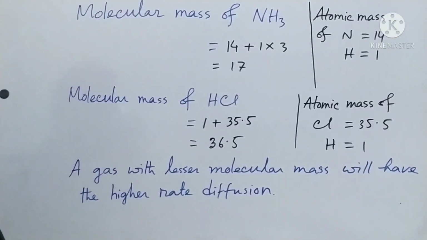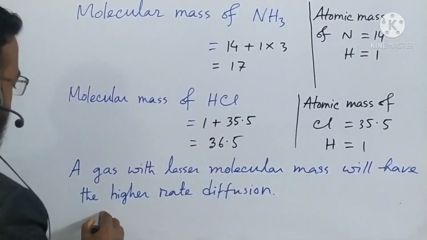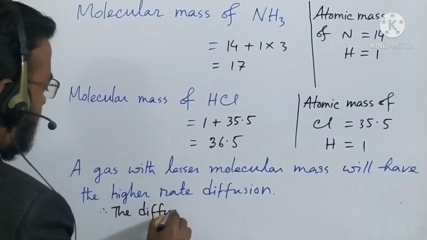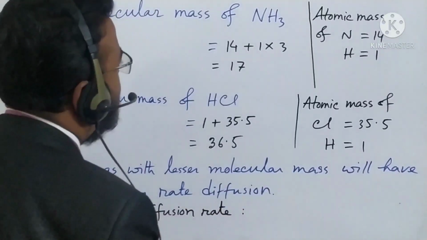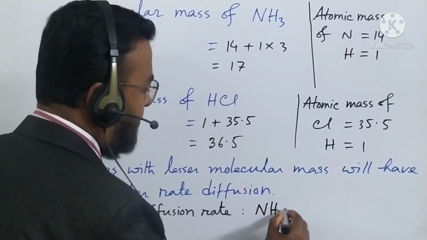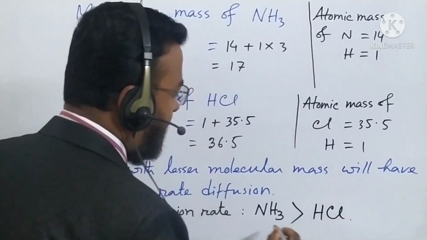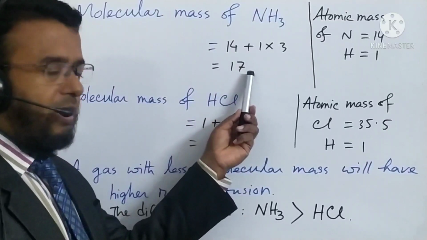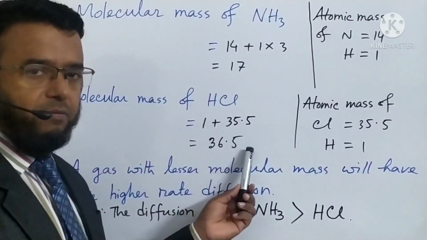Therefore, the diffusion rate of the two gases, ammonia gas, will be greater than hydrogen chloride gas. That means the molecular mass of ammonia gas is 17 and the molecular mass of hydrogen chloride gas is 36.5.